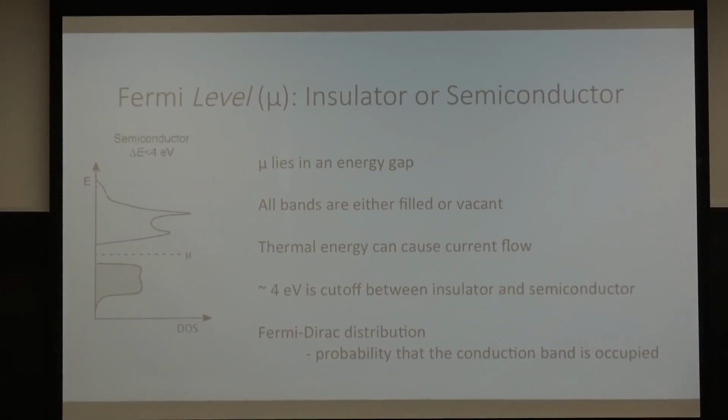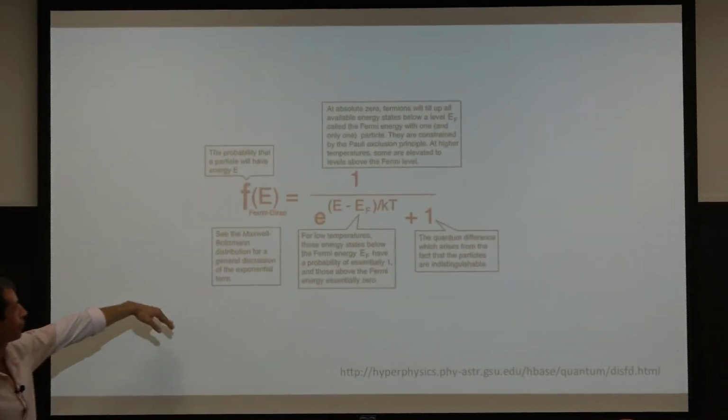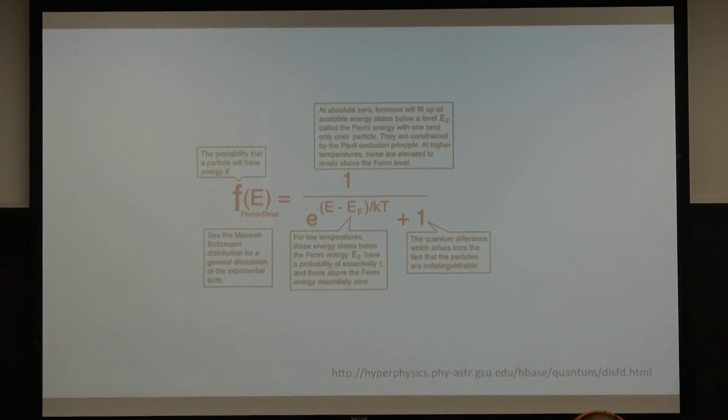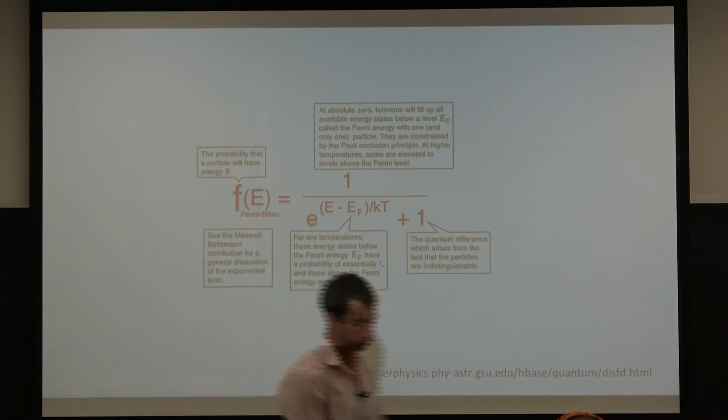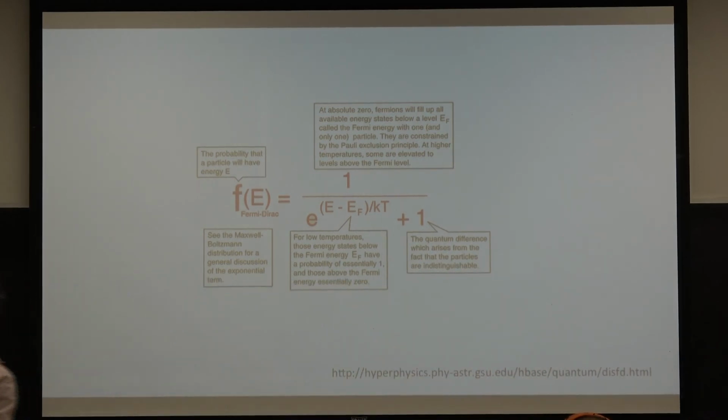The way this is calculated is through the Fermi-Dirac equation, where this expression is the probability that, and they write particle here, I would more think about it as a state or band, right? Probability that a conduction band is occupied.